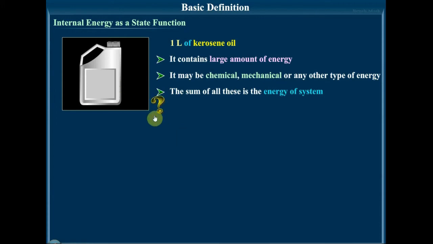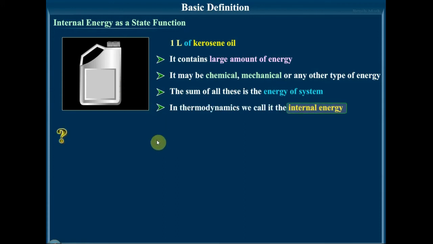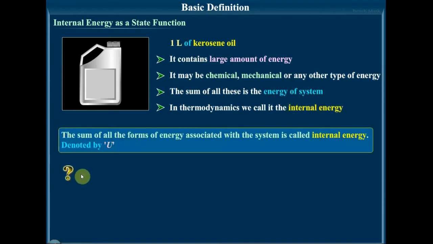In thermodynamics, we call it internal energy. So it is simply the energy associated with a system. The sum of all the forms of energy associated with the system is called internal energy and it is denoted as U.